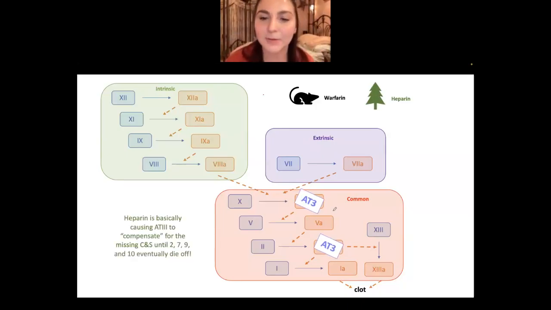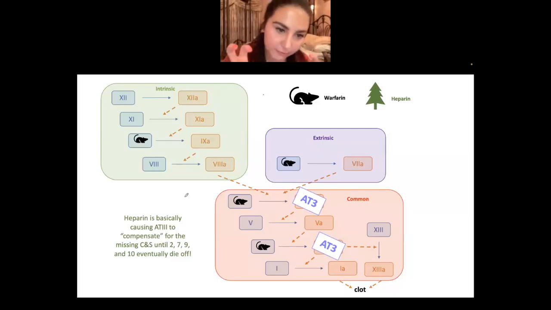What giving heparin does is cause antithrombin 3 to compensate for protein C and S until eventually 2, 7, 9, and 10 can die off.